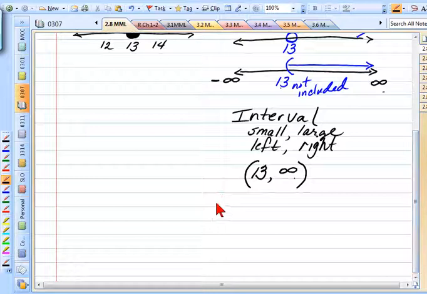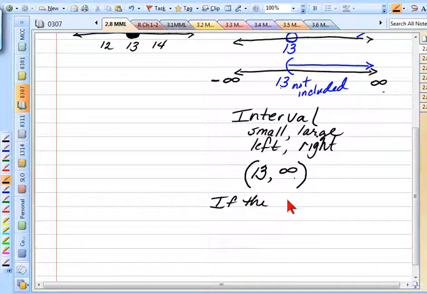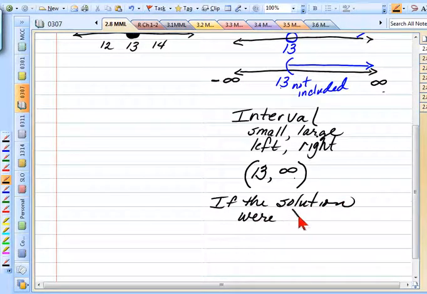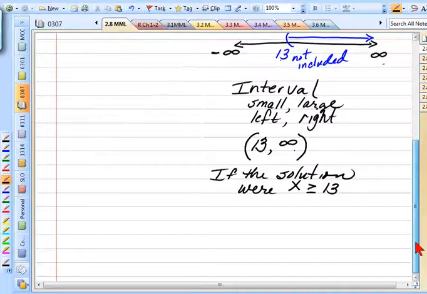Okay, if, this is just an if, the solution were x is greater than or equal to 13. Okay, so this is the what if. How would it differ?